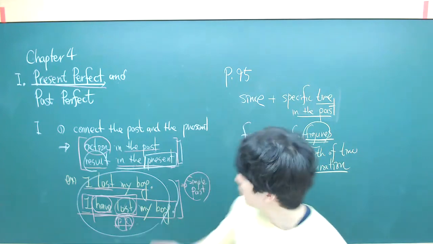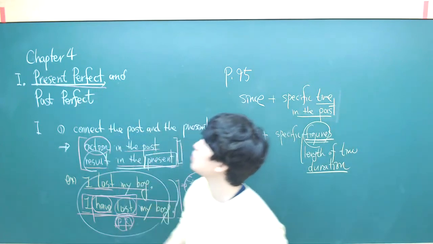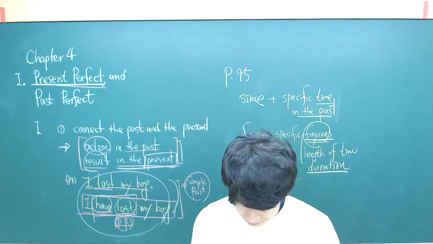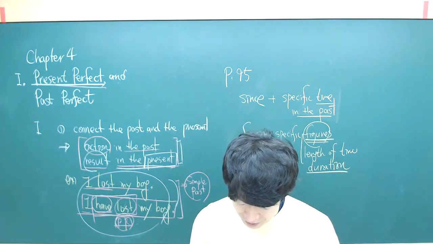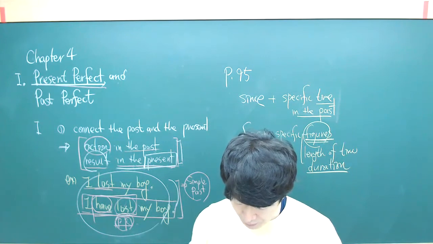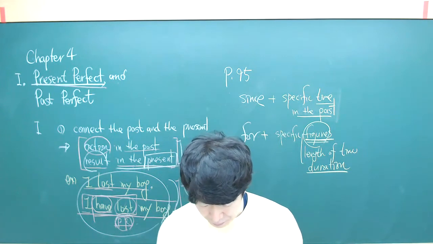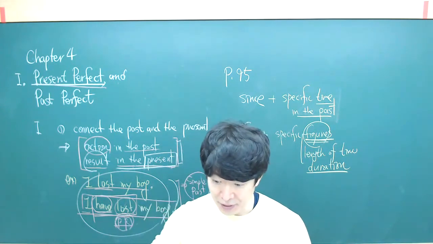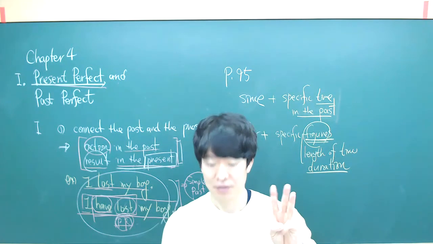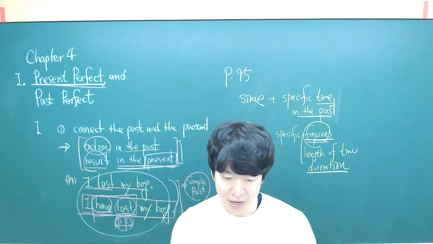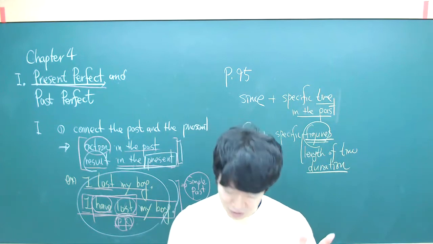So you can use since and for in sentences which include present perfect. Let me check it out by looking at exercise 19, since versus for, on your page 95. I've been in this building since 9 o'clock this morning. Actually, I've been in this building where I'm recording now since 2 o'clock, yes.